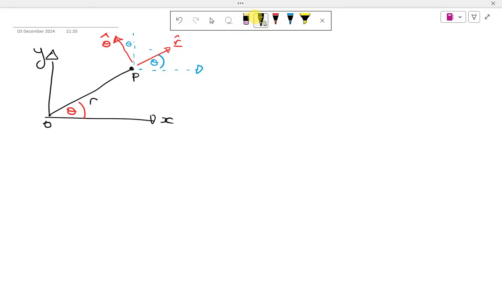But anyway, never mind. So first of all, we want to work out our radial component. So the radial component in terms of the unit vectors is, well, r hat is equal to a horizontal component.